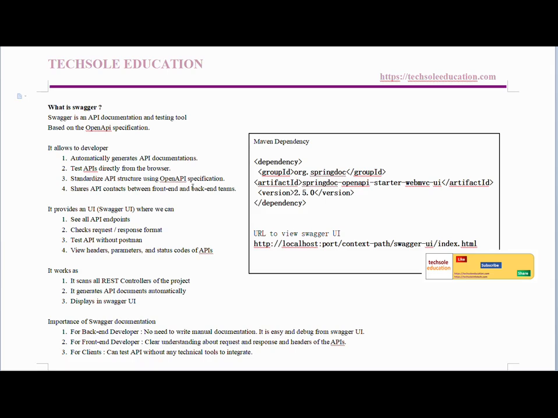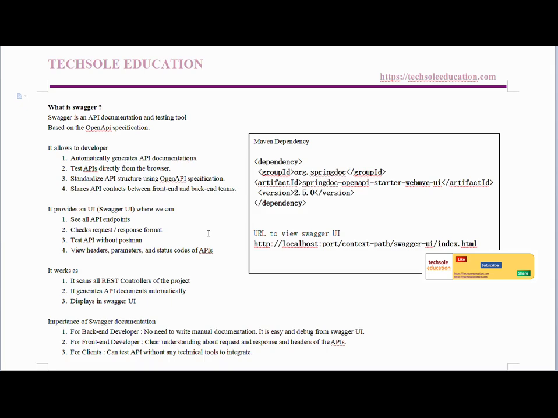It allows developers to automatically generate API documentation, test APIs directly from the browser with the help of Swagger UI, standardize API structure using OpenAPI specifications, and share API contracts between front-end and back-end teams.